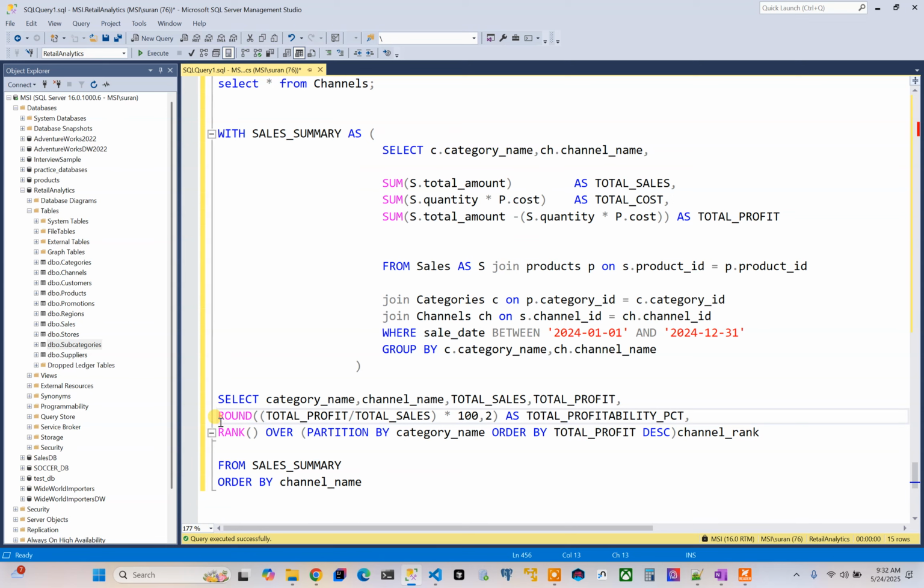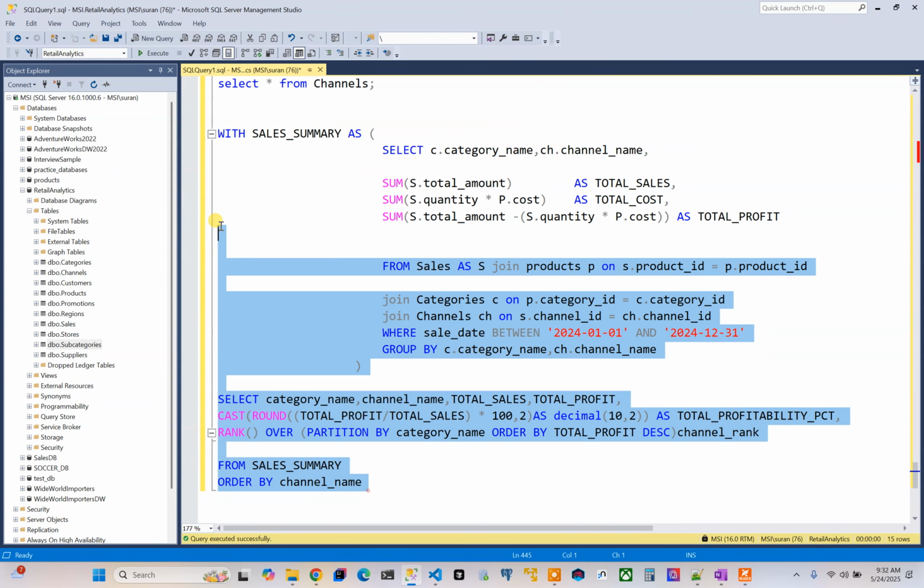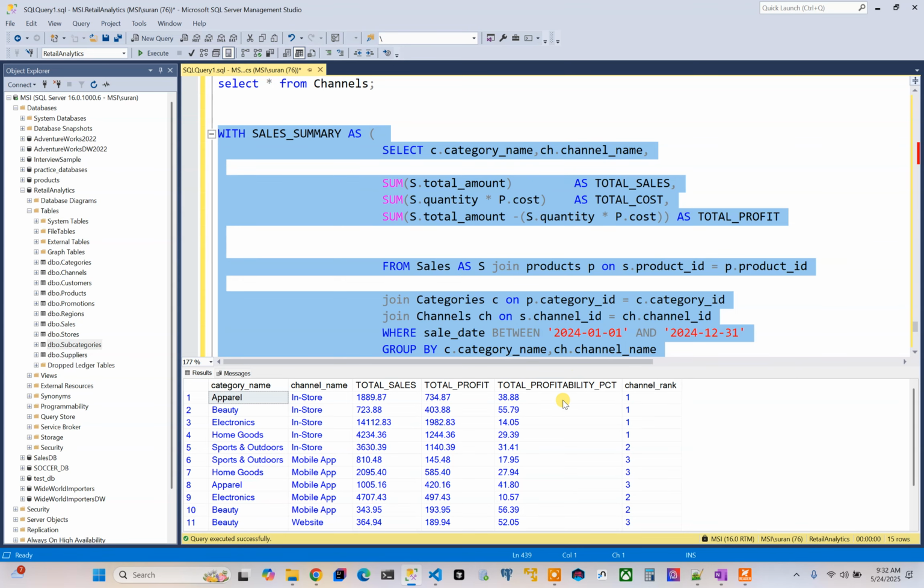So what I will do, I will cast as a decimal 10 and 2. So it will give me all this in 2 decimals.